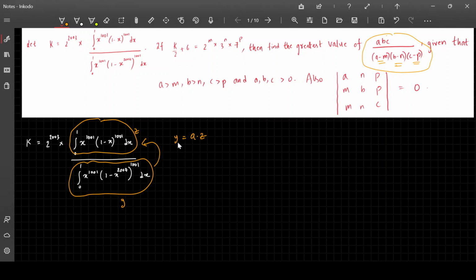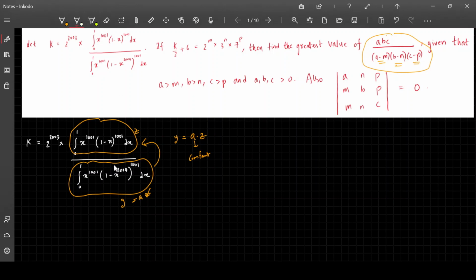If that is the case, I can substitute y is equal to a times z, and z gets cancelled, and we will be left with some constant. So a is again a constant here. We must actually try to solve in this way, trying to get one value in terms of the other.